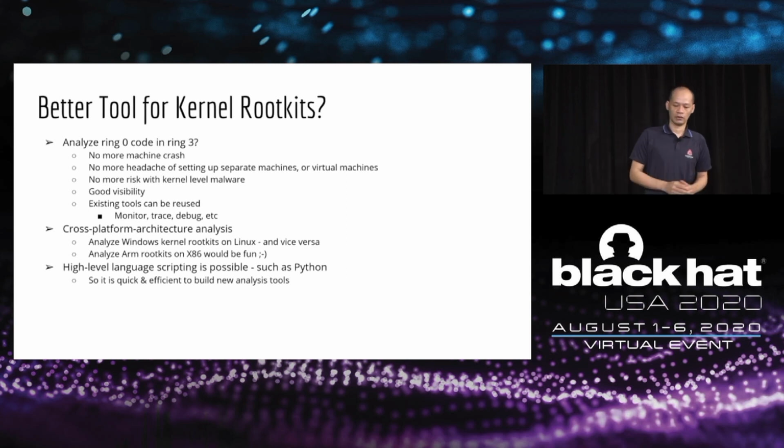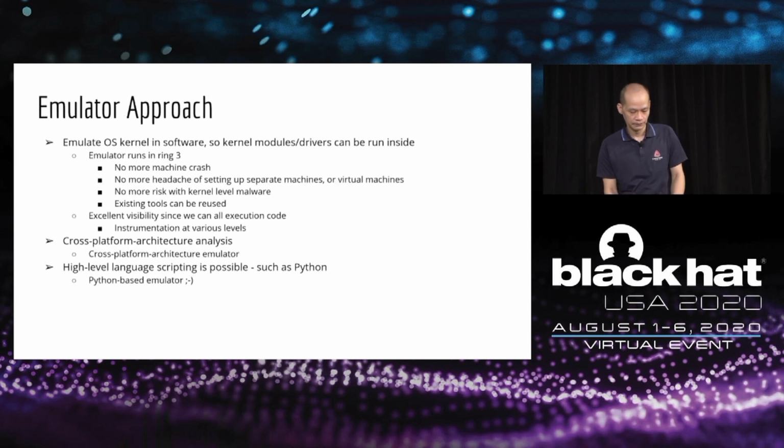So we considered many approaches, and we chose the emulator approach. So the idea is that we want to emulate the OS kernel in software. So we can run kernel drivers and kernel rootkits in emulator mode, in the emulators.